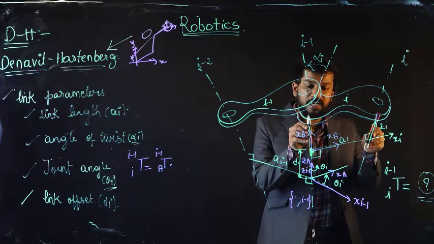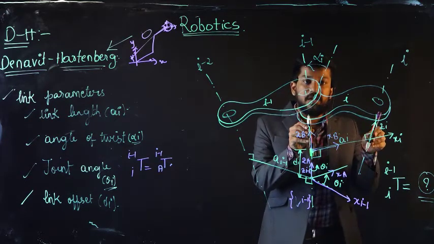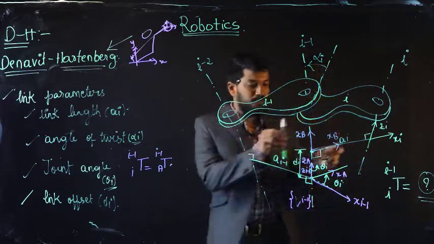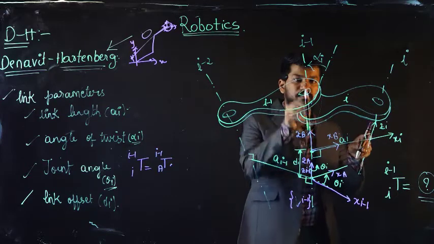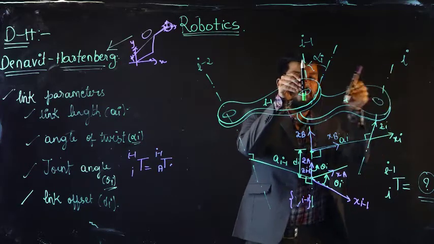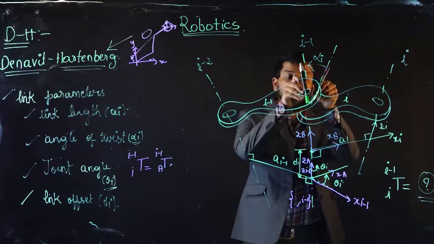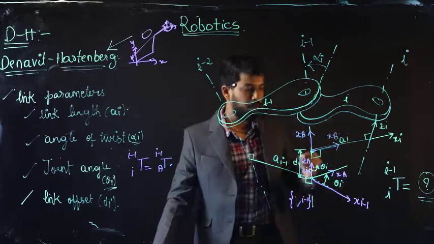But how can I get ZB position to ZI? It can be done only by one common way, which you can already observe. Suppose this is my ZB and this is my final ZI. There was an angle, nothing but alpha i minus 1. How can I get that angle? Yes, your approach was somewhat good.